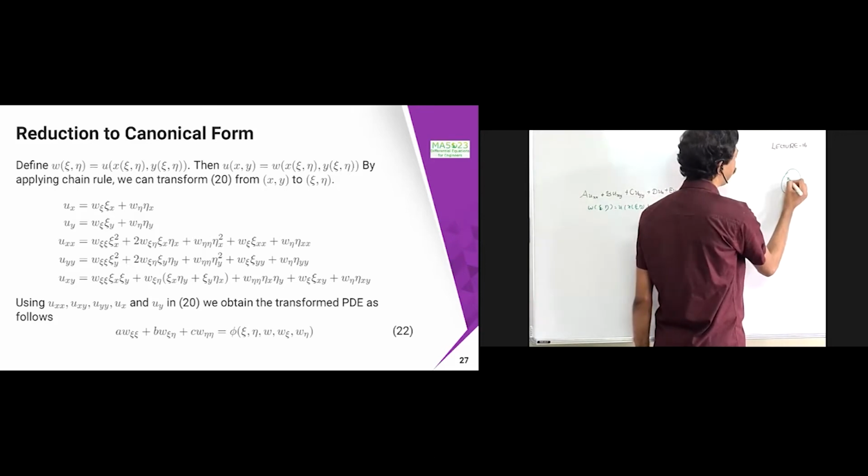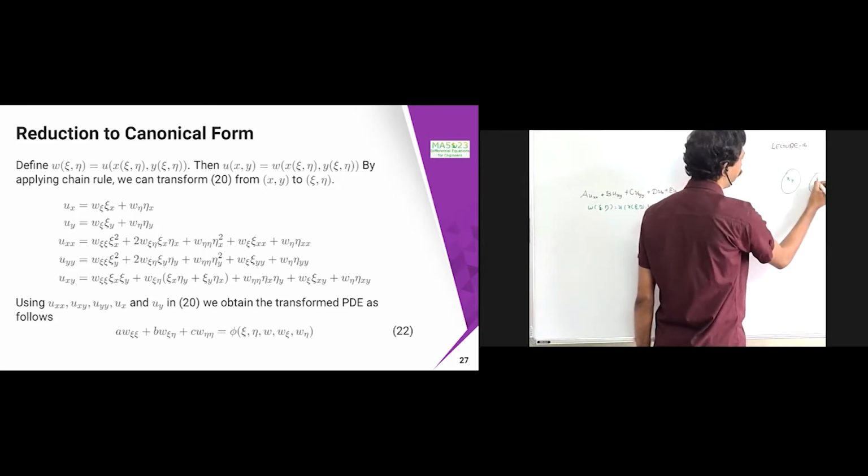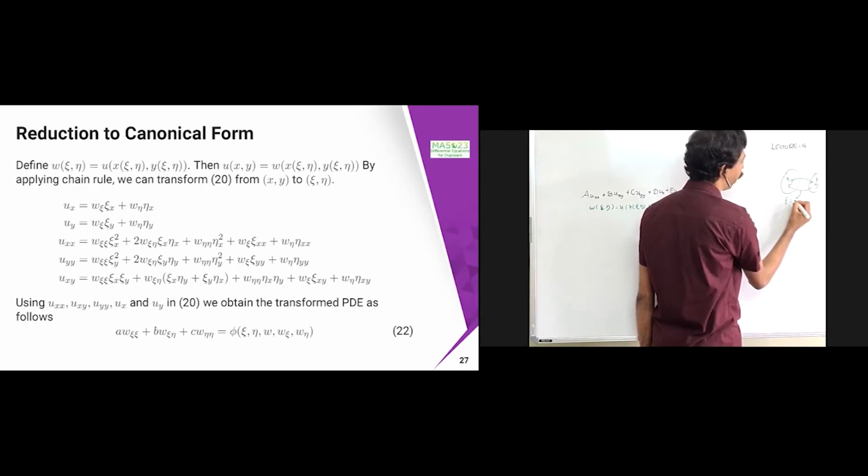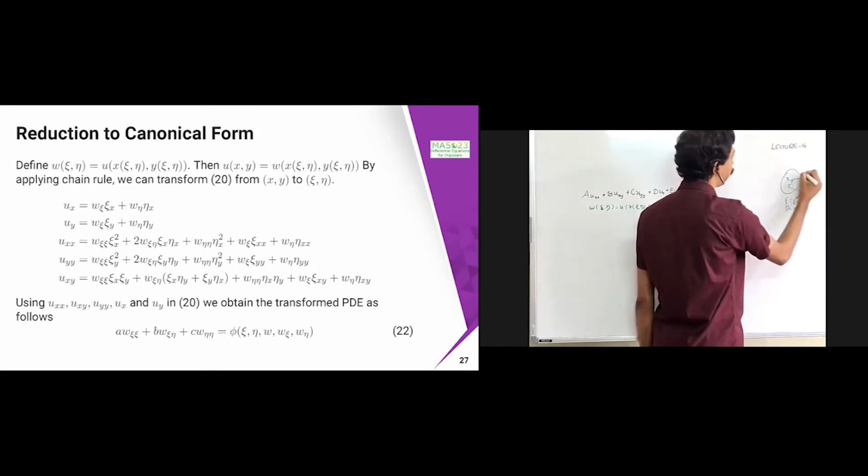Here I have x comma y, and here I have chi comma eta, so I can find a map from one to the other. One map is chi equal to chi of x comma y, eta equal to eta of x comma y. Similarly, the other map is x equal to x of chi comma eta and y equal to y of chi comma eta.